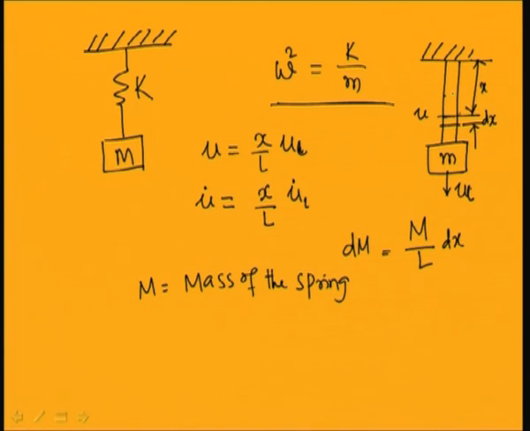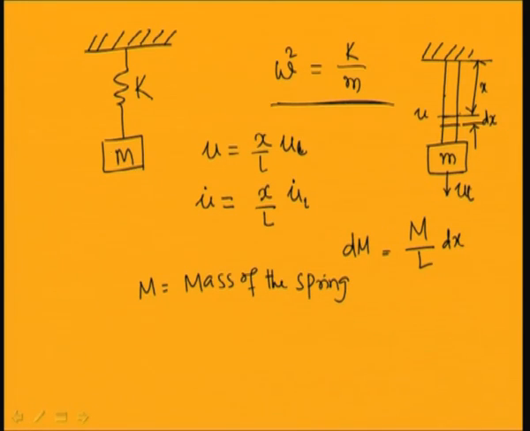So the kinetic energy T equals half. This kinetic energy will be due to two components, one due to the mass of the spring, or in this case the rod, and the other due to the tip mass. So you have to add these two effects.